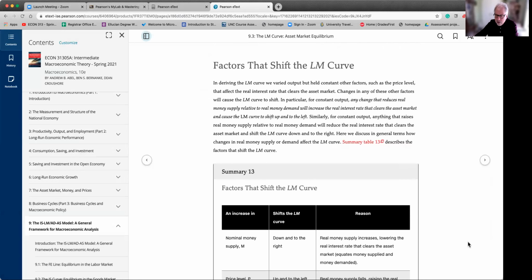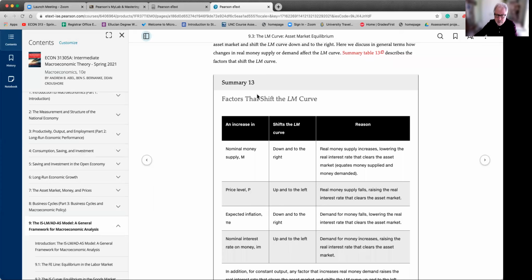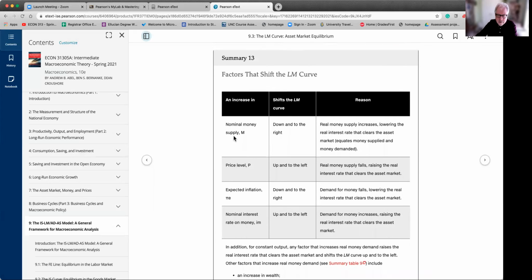We've got another section here about things that shift the LM curve. Again, there are summary tables. Again, those are really important. As we said, if there's an increase in the money supply, that shifts the LM curve down and to the right. And here's the reasoning behind that. You should make sure you understand for each one of these how these things play out in the asset market, the money market, how the equilibrium real interest rate changes, and what that means for shifting the LM curve.